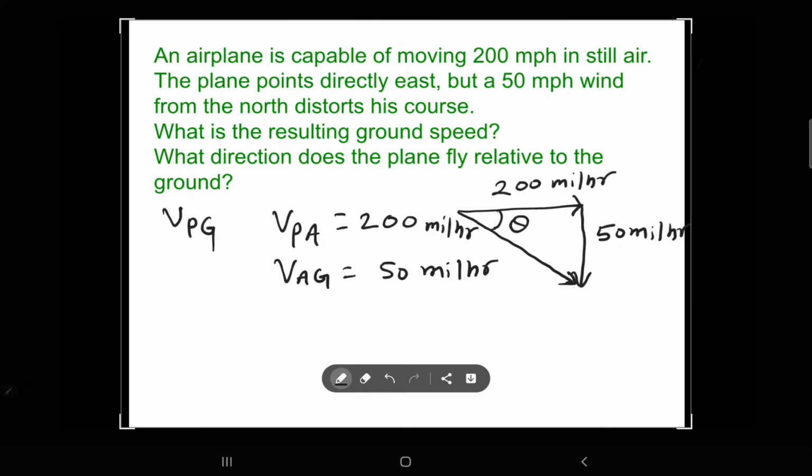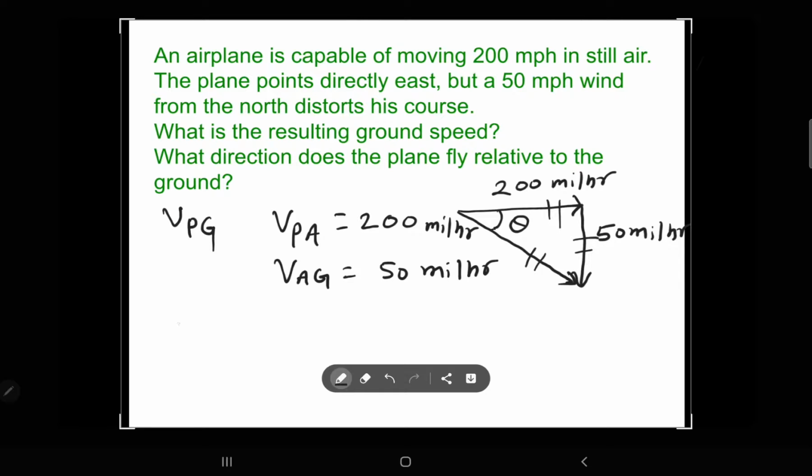Now to solve this equation, this is two dimensional and the two vectors are at right angles. That's why we can easily use the Pythagoras theorem. This line squared is the sum of the squares of these two sides.